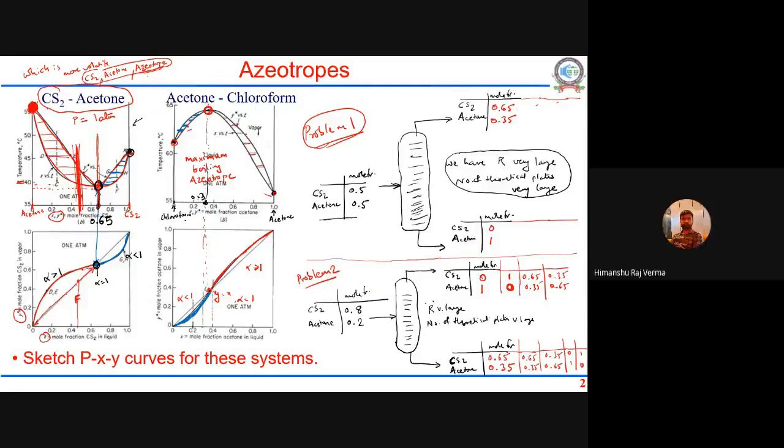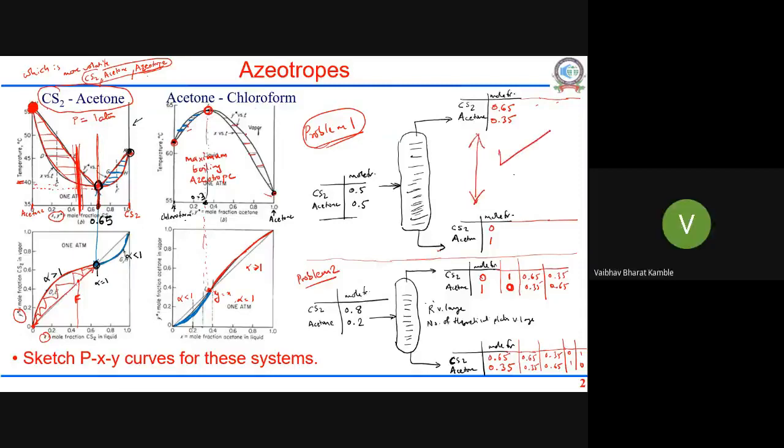Even if I have infinite stages, infinite reflux, the topmost composition would be azeotrope, the bottommost composition would be pure acetone. Is everybody okay with this?